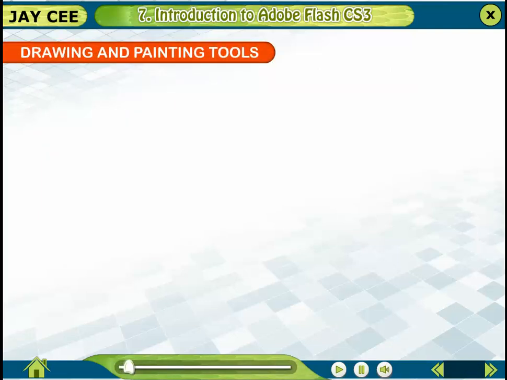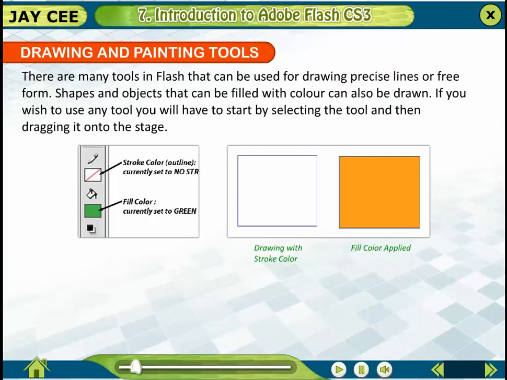Drawing and painting tools. There are many tools in Flash that can be used for drawing precise lines or free form. Shapes and objects that can be filled with color can also be drawn. If you wish to use any tool, you will have to start by selecting the tool and then dragging it onto the stage.